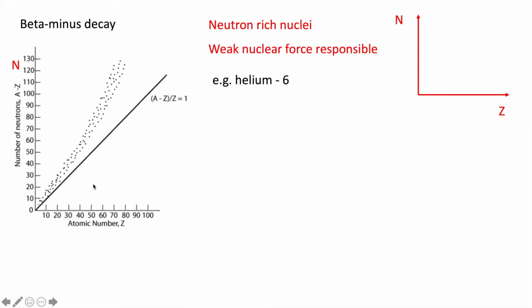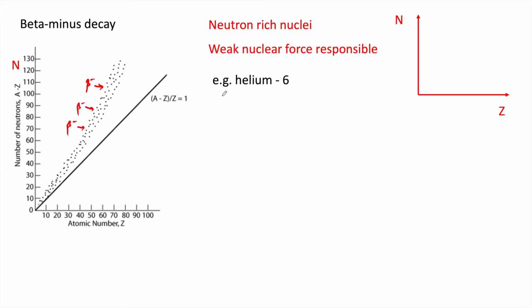So let's move on to beta minus decay. Now beta minus decay is caused by nuclei which are neutron rich, so they are over on this side here, and what they do is they want to lose neutrons and gain protons in order to move this way into the more stable region.